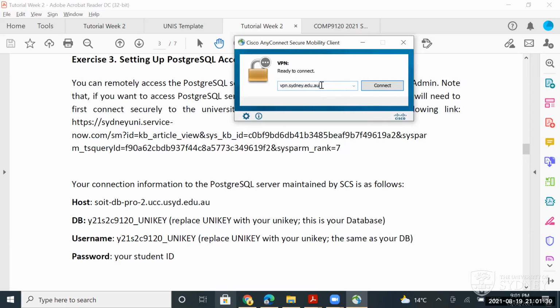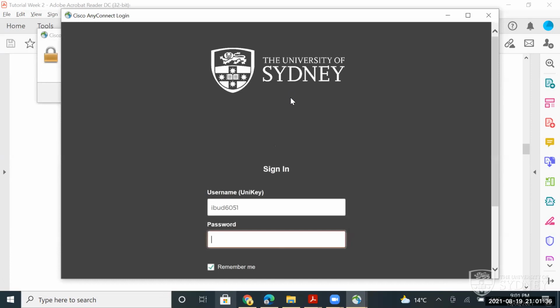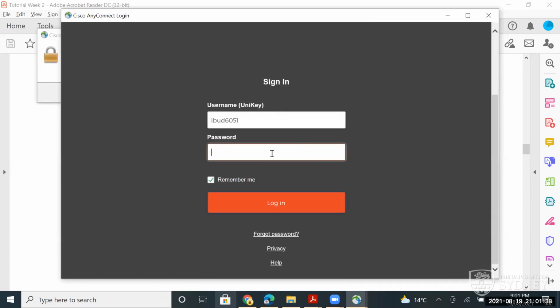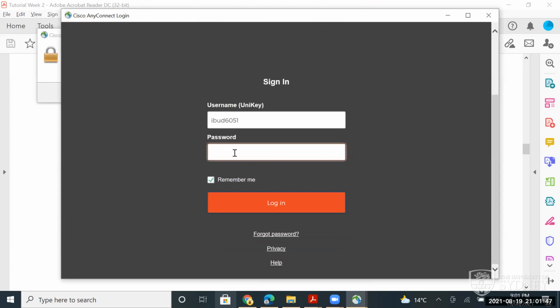Okay. And then you click connect. You can see here it's trying to connect. So it will actually go to this university login page, where you will be asked to use your unique key and password to log in. Okay, so obviously I will log in.